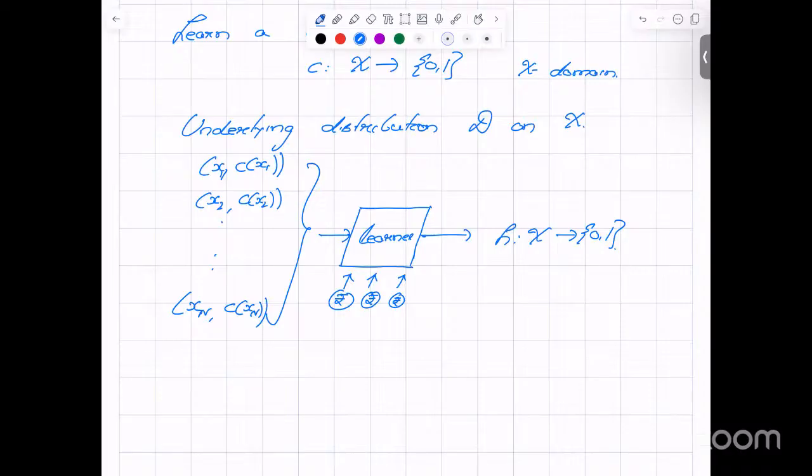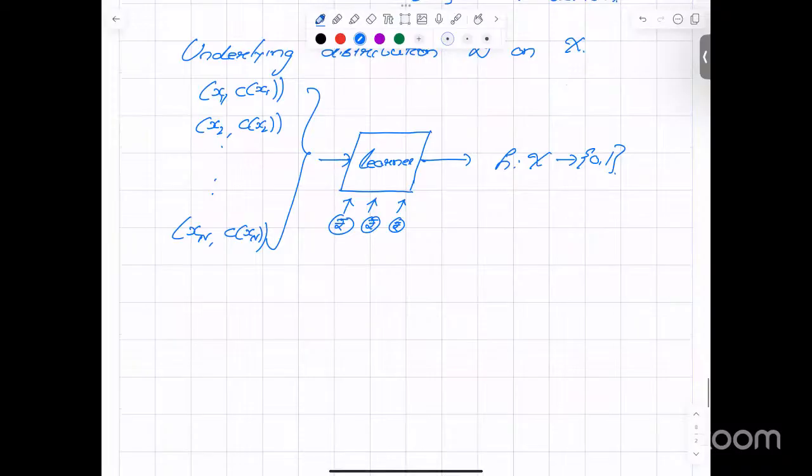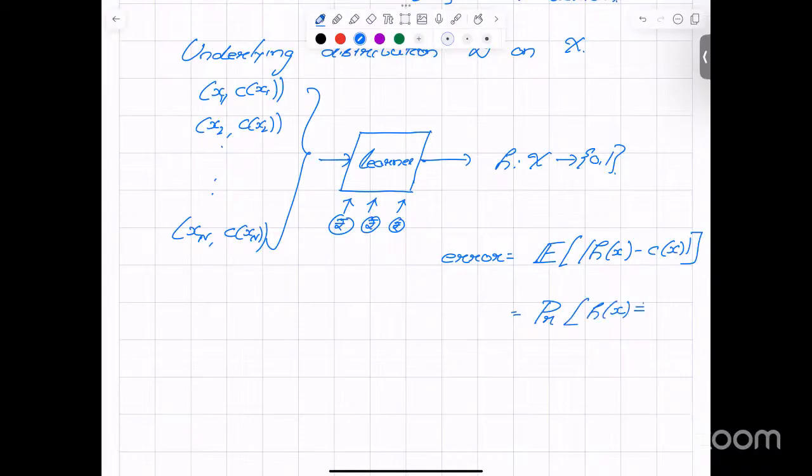To be fair, we now want to find out the error of the learner. The error of the learner is going to be the expected value, basically the probability that h(x) is not equal to c(x).